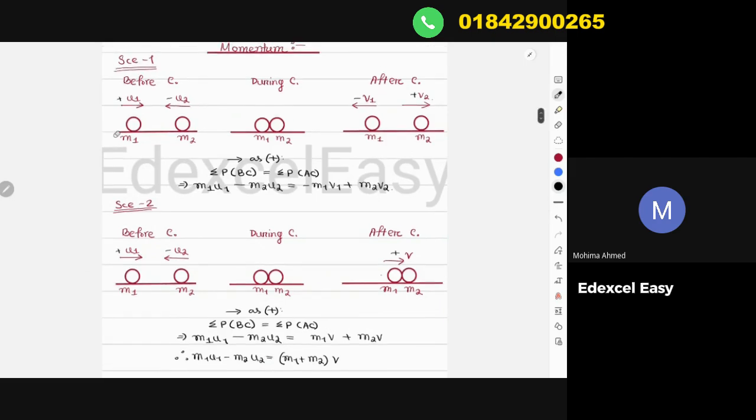That means in this entire scenario, before, during, and after collisions, external forces like friction and air resistance would not be acting onto your system and will be considered negligible. That means over here, why would the velocity of particles change, or why would the direction of the particle change? Because they exert forces on each other, right? These two particles are exerting forces on each other, and that is known as an impulse.